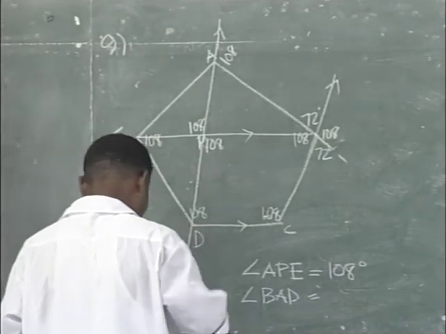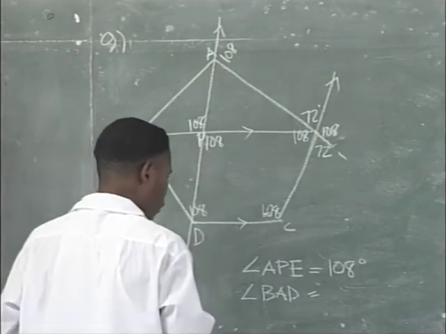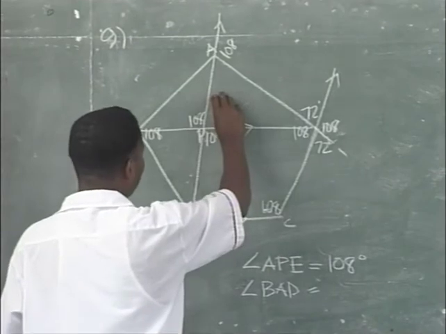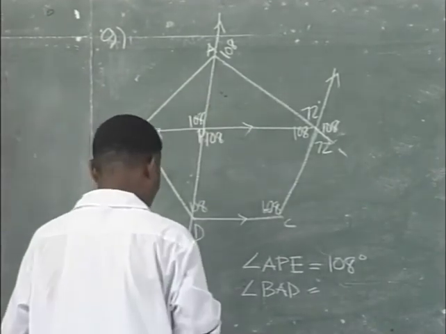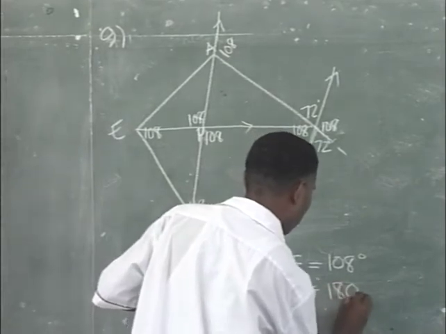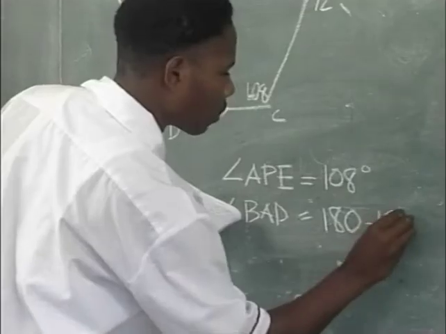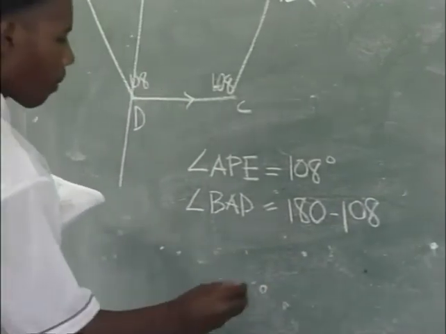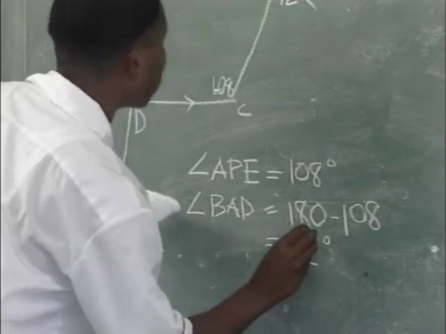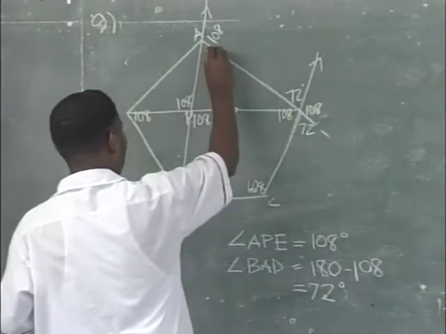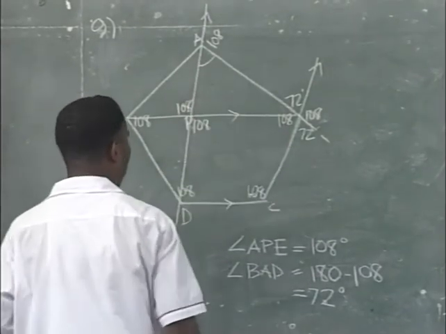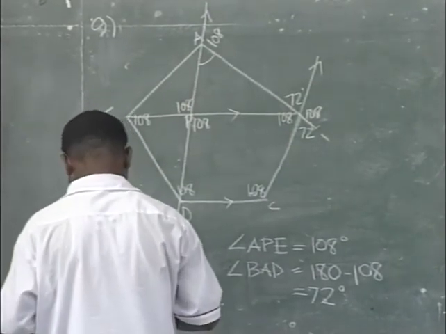Smart. He actually worked out that the lines BC and AD are parallel. I never thought of it that way. APE is 108 and BAD is 72 degrees.